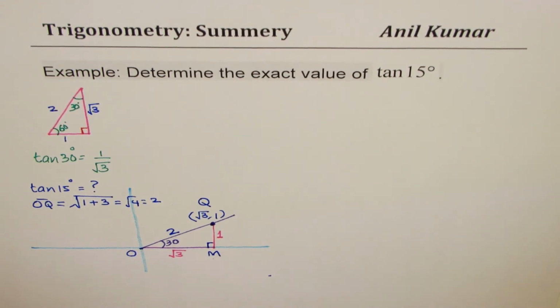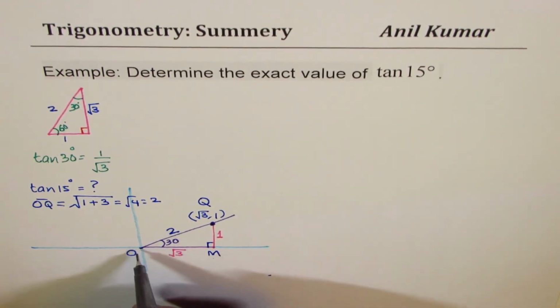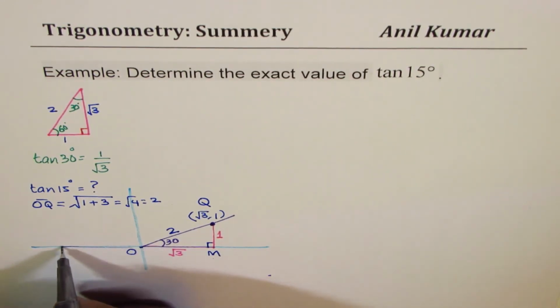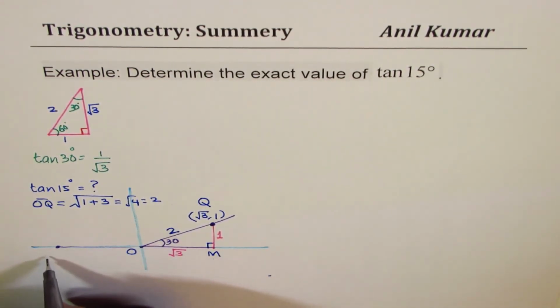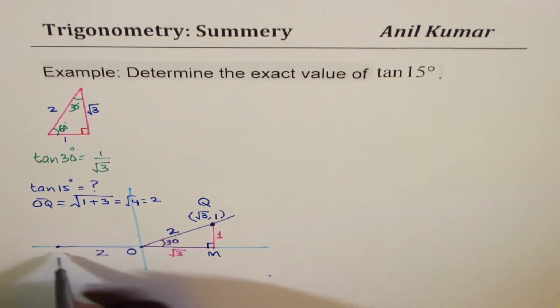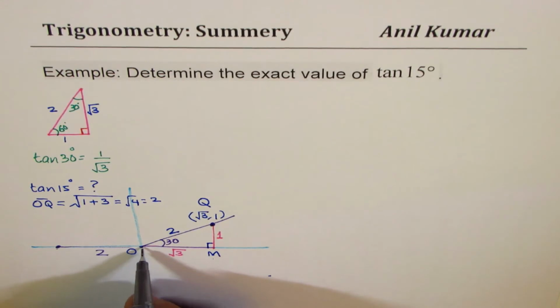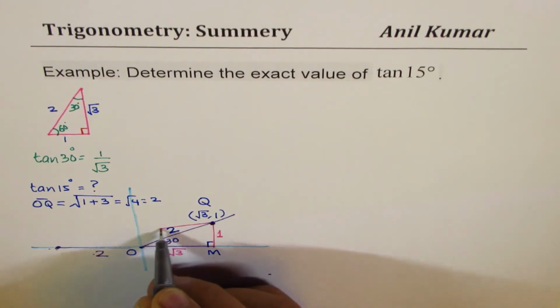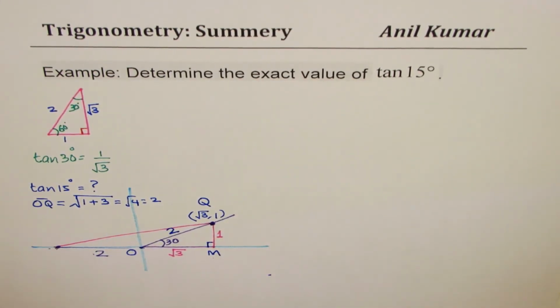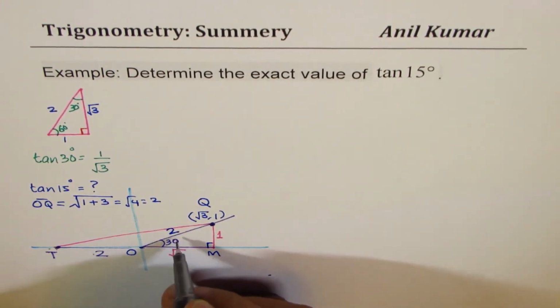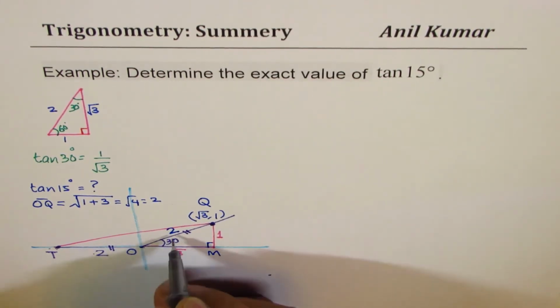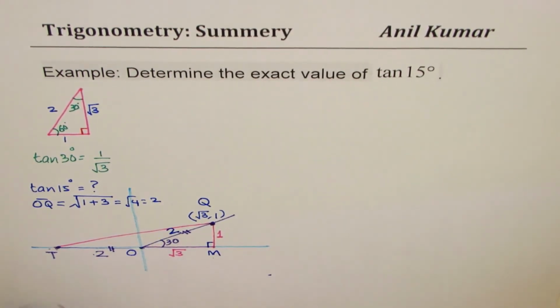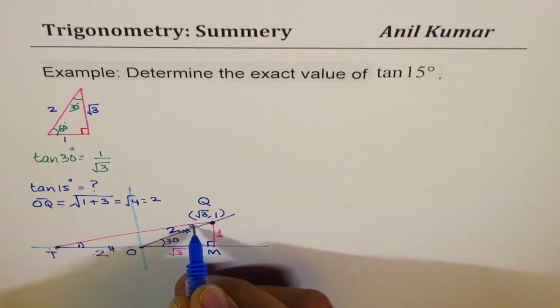Now, let us consider a point which is 2 units on the left side. So on the coordinate plane, let's say it is 2 units here. So if I take this point on the left side of O, 2 units away, and join the point Q with this, what happens? Let us call this point T. Now, since these two sides are equal, that means that the angle here is equal to the angle there.